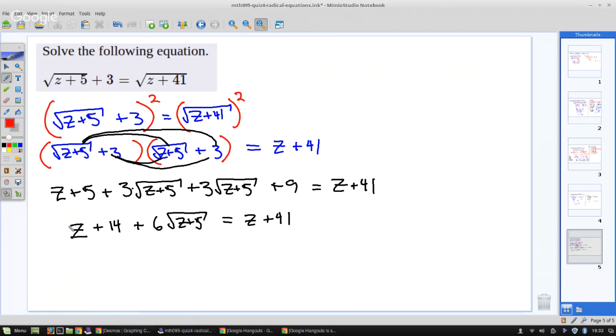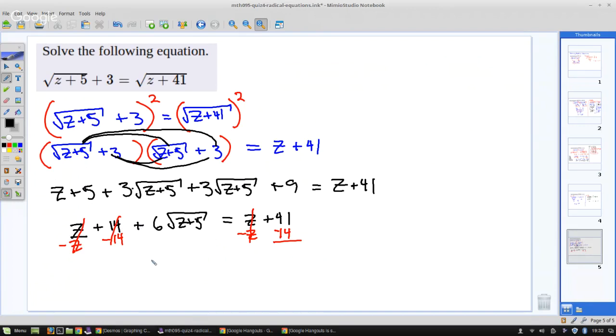All right, so to do that, we're going to have to get rid of this z right here. So we're going to subtract z from that side. Ooh, check it out. Nice. That means z minus z goes away here too. Cool. We're going to get rid of this 14. It's gone on that side. Let's reconcile, see what we got left.